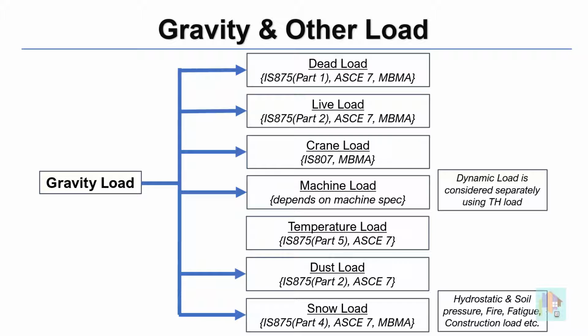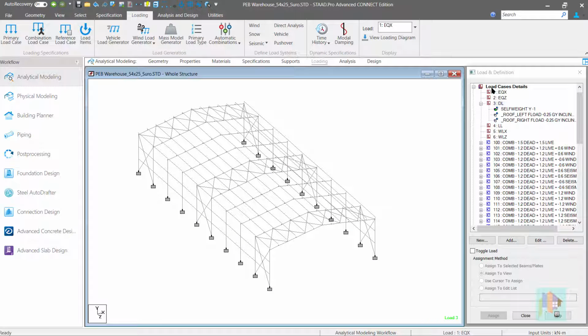Any structure which is located in a dry and dusty area or within a plant accumulates dust on the roof and exposed surface, and we must consider this load for analysis. IS 875 Part 2 and SC 7 can be followed to calculate the load intensity. Normally 0.5 kN per meter square is considered as dust load.